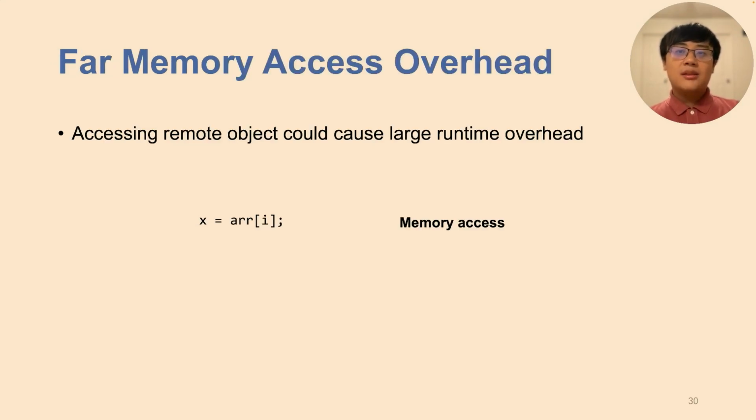Accessing far memory is different from accessing local memory, and could incur a high overhead for access alone. For example, when you want to access something in the local memory, you just need to convert the access into a load and store instruction. However, when you want to access data stored in the remote memory, that is, dereferencing a pointer that points to remote data, you need to go through several steps.